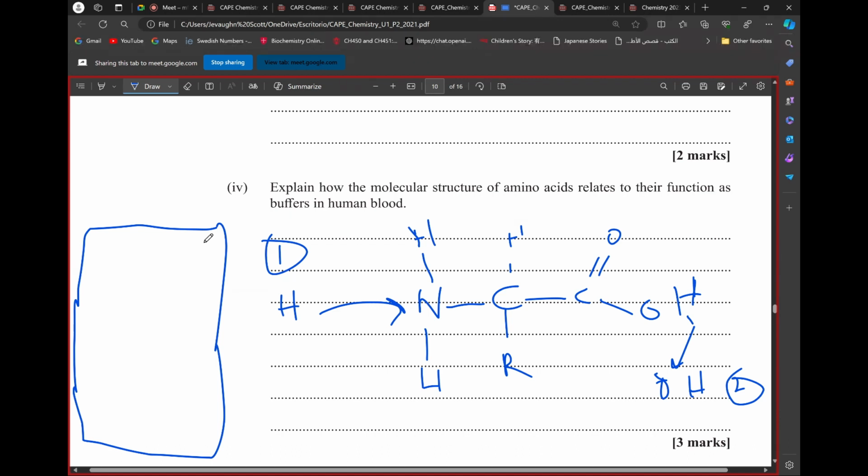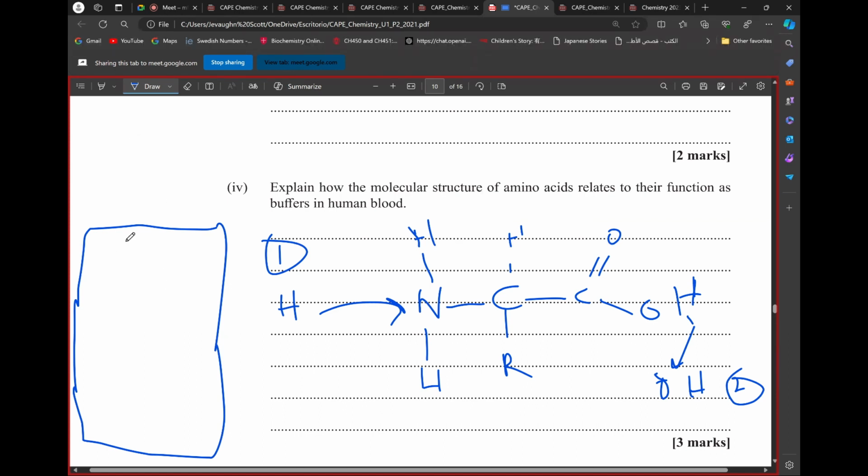Someone has their hand up, so go ahead. Yes, sir. So you're saying that the amine group within the amino acid accepts the hydrogen, and the carboxyl part accepts the hydroxide, and that's how it works as the buffer. Well, it loses a proton, because remember, acids donate protons. So the carboxylic acid part donates protons to hydroxide to form water.